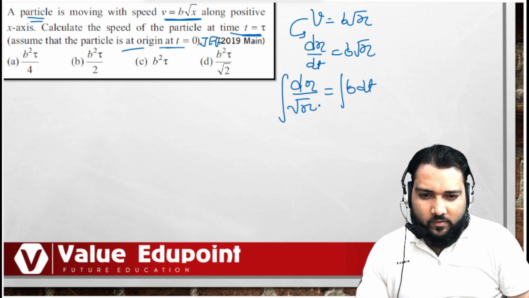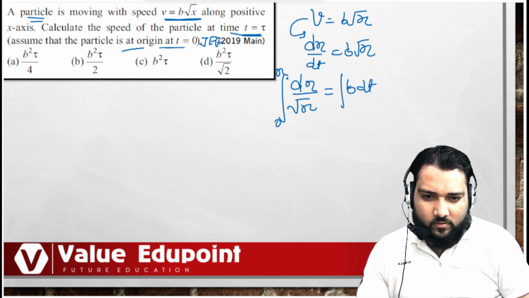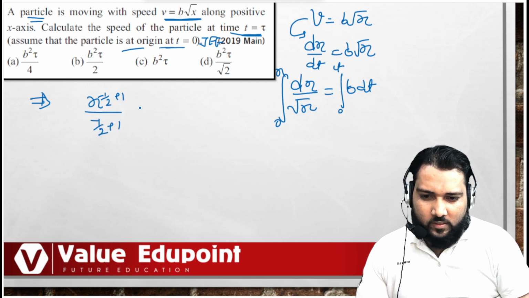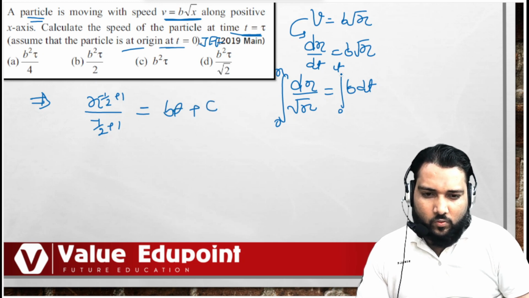When we integrate from 0 to x, and here 0 to t, this will come out to be the integration of x to the power minus half, that is x to the power minus half plus 1 over minus half plus 1, equal to b t, and one constant will come.